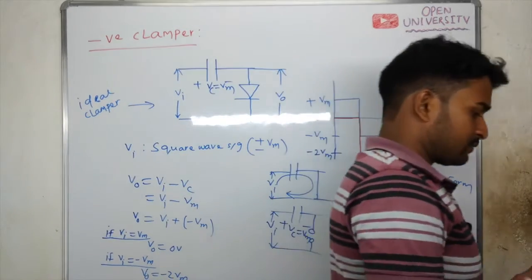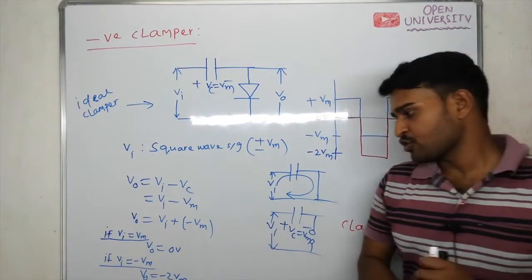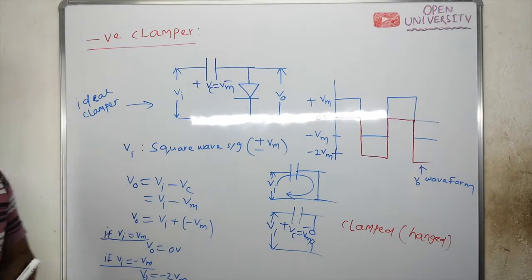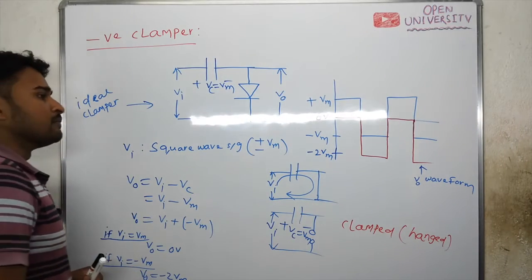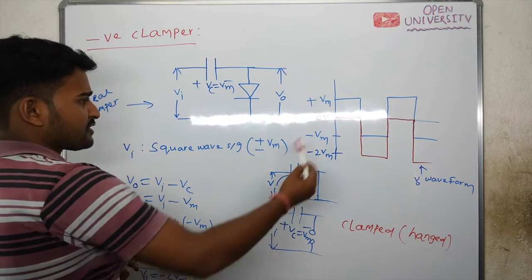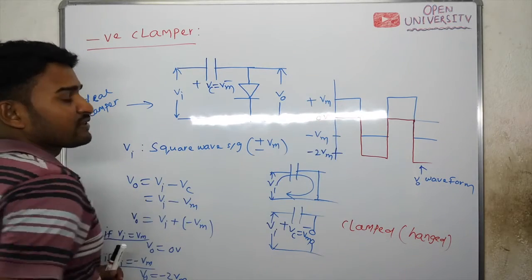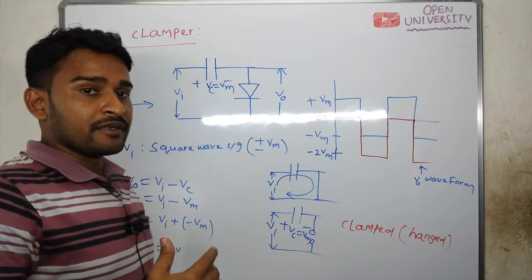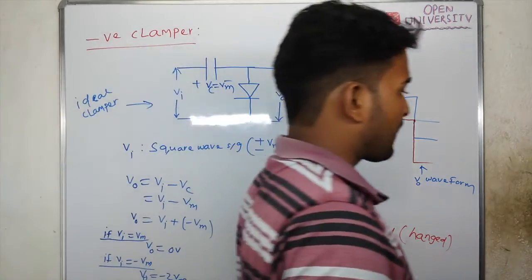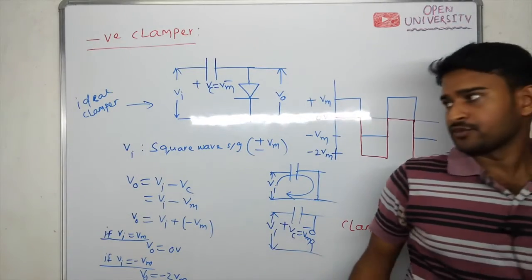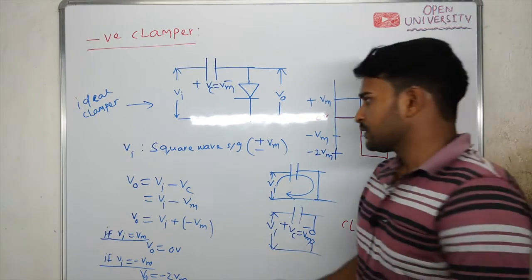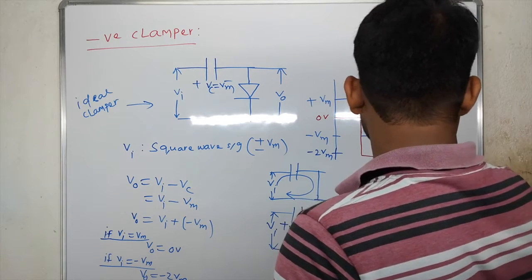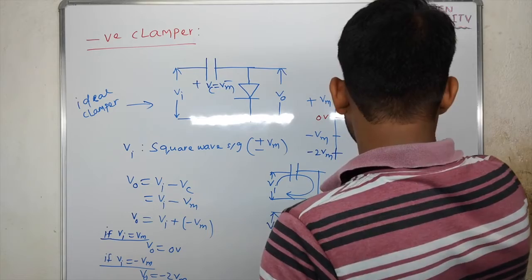Hence a negative clamper is also called a positive peak clamper, because its positive peak is clamped to 0 volt. A negative clamper will clamp the positive peak to some value. This is your negative clamper.